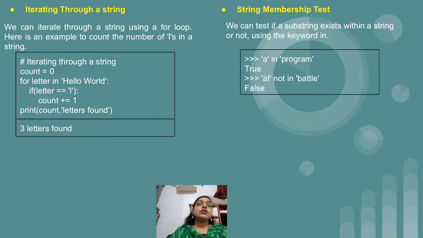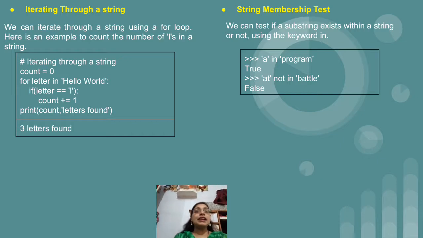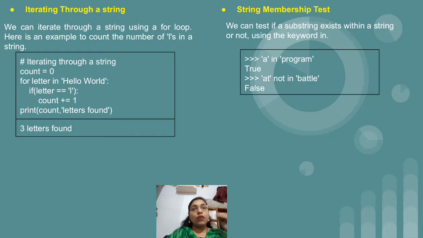Then we make use of for, then there is a variable letter, and after that the in keyword, and after in, within single quotes, we provided one string, hello world. Because of for, a for loop will take one character at a time from the string, so the first character, h, will be stored inside the letter variable.